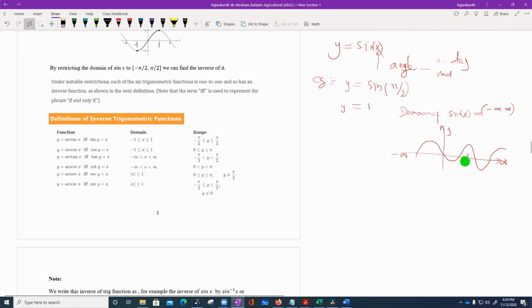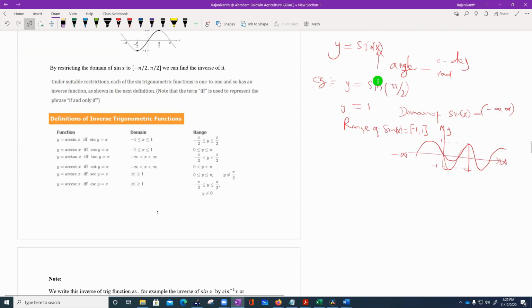So for the range of the sine graph, the highest value is 1, and the smallest value, as the picture goes like this, is negative 1. Therefore, the range of sine x is the possible y values, which is negative 1 to 1. This you have already learned about, drawing sine graphs, trigonometry.